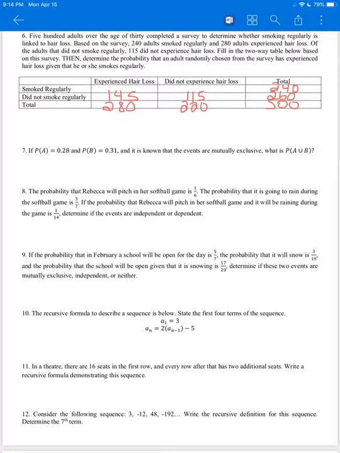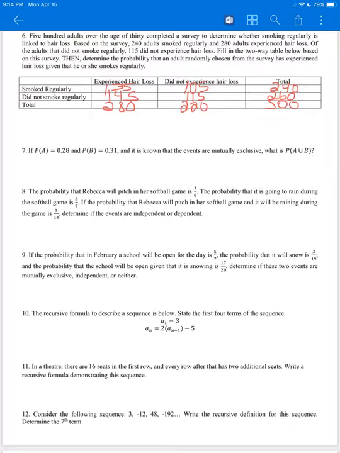And then here, smoked regularly, experienced hair loss, that has to be 135. And then smoked regularly, did not experience hair loss, 105. So that is my two-way table.